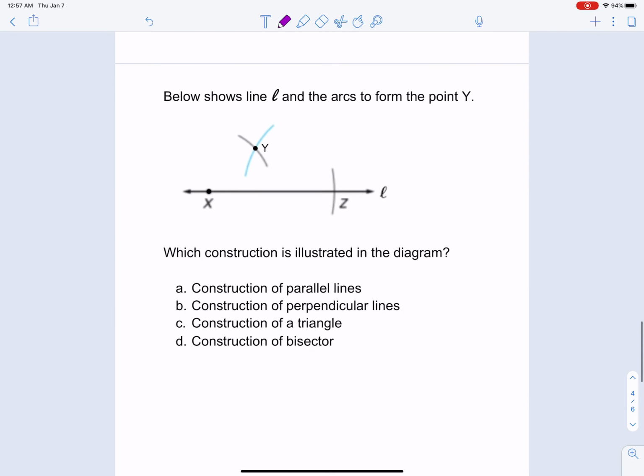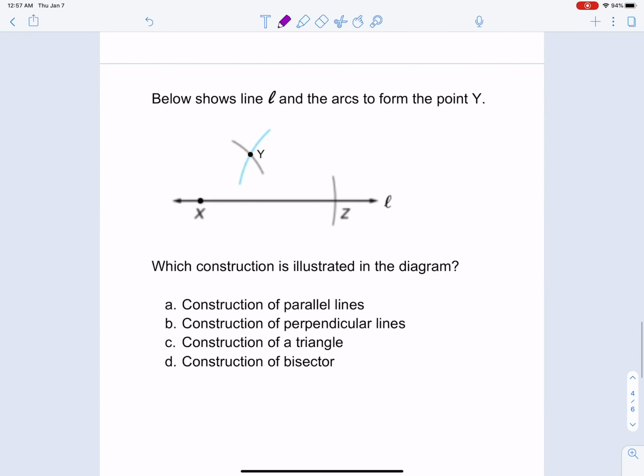Below shows line L and the arcs from the point Y. Which construction is illustrated in the diagram? Construction of parallel lines: does this at all look like parallel lines?